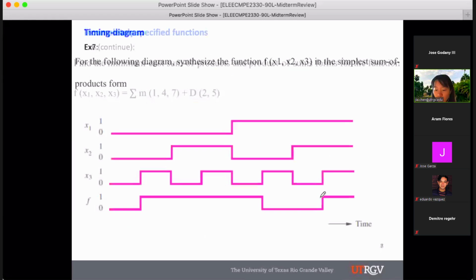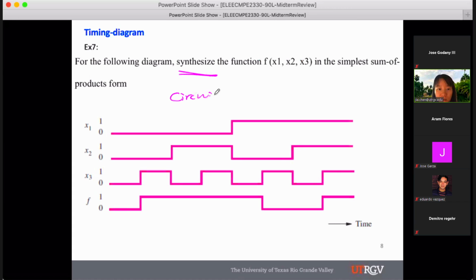This is a timing diagram. As we said, with synthesis, eventually you have to design a circuit. When I say design a circuit or synthesis, for both cases, you have to figure out a circuit in the end, and the simplest means you have to get the minimum cost SOP or POS.